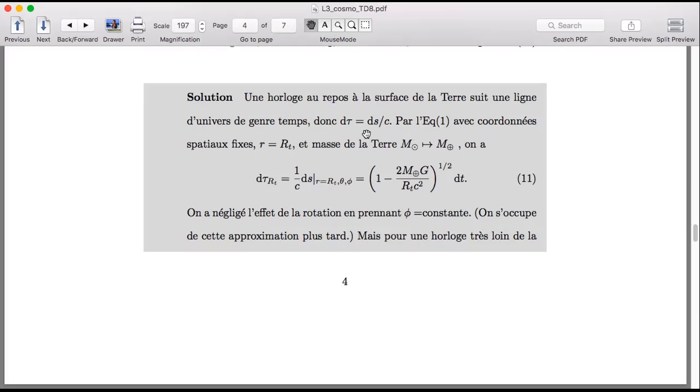It's important because not every interval in spacetime is time-like. We have space-like intervals as well. We also have null or light-like intervals where ds is 0. Okay, so again, we go back to the Schwarzschild line element with all 4 terms in it.